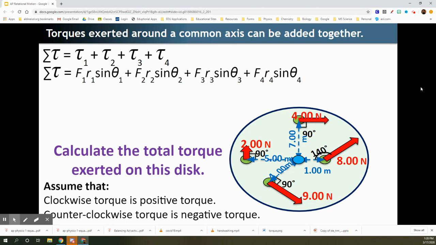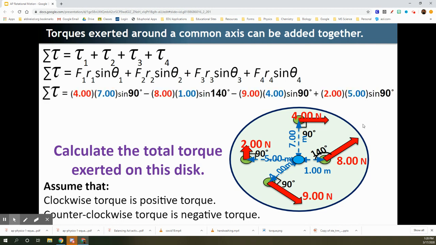Okay, so I'm just gonna let the slide calculate everything for us. When we do this calculation, the angle takes care of the negative and positive parts.